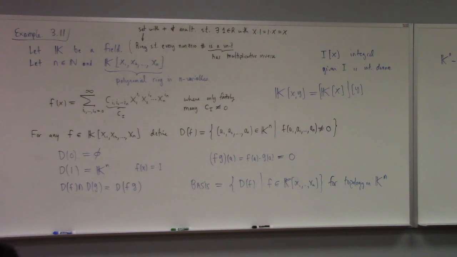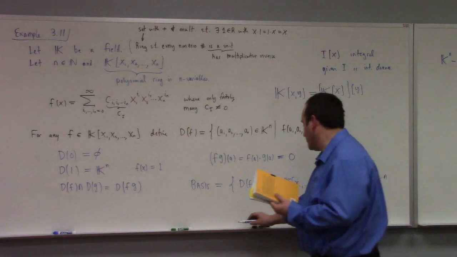So this makes the solution sets to polynomial equations closed. I'm trying to describe a rather exotic topology on Kn. This is called the Zariski topology.